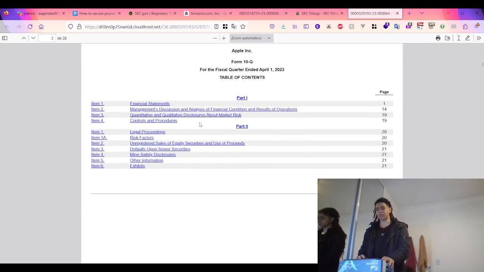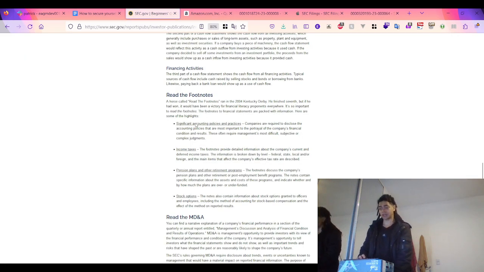And this is something interesting to me, that they don't talk about the pension and other post-retirement programs, which according to the SEC they must discuss. Why?